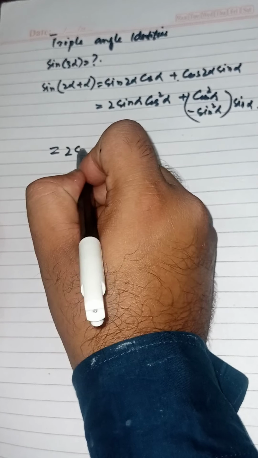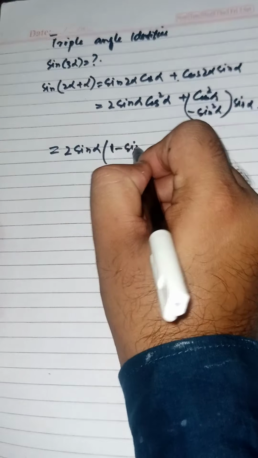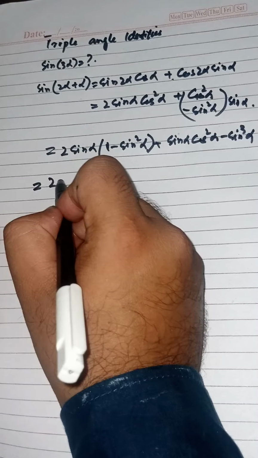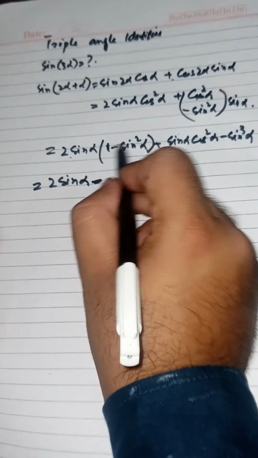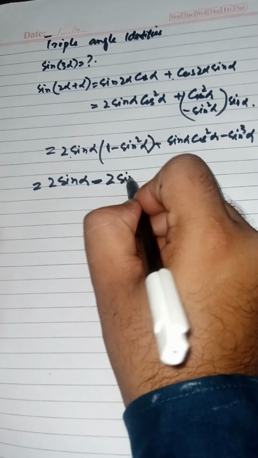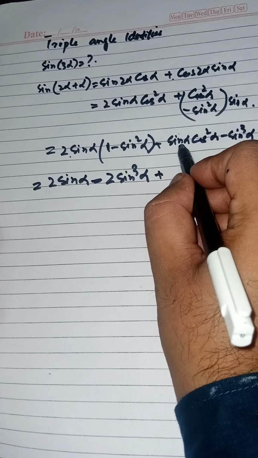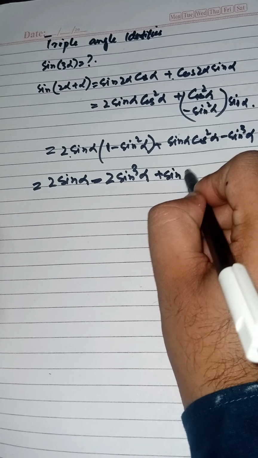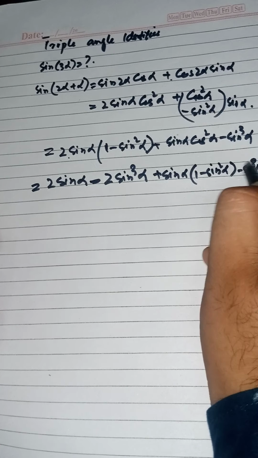So 2 sin alpha cos square alpha, where cos square alpha is 1 minus sin square alpha, is 2 sin alpha minus 2 sin cube alpha, plus sin alpha cos square alpha, which is sin alpha minus sin cube alpha.